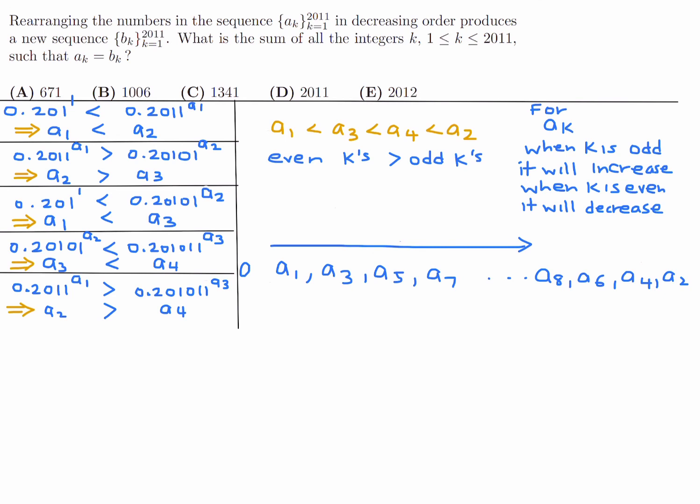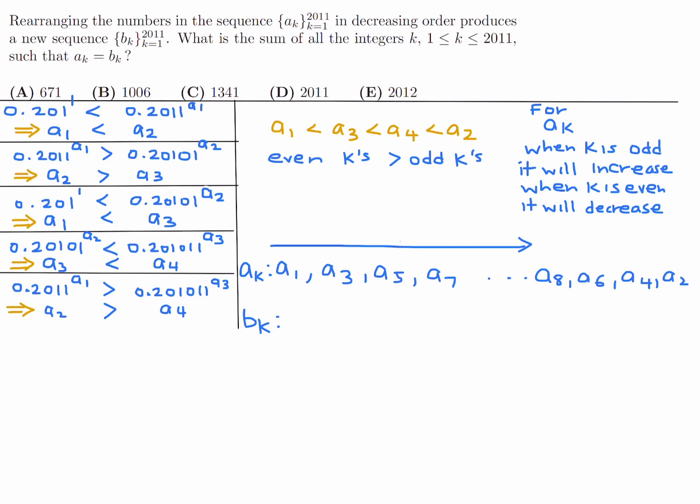Now, the B's, these are the A's, right? These are all the AKs. Now, the way they're doing the B's is that they just reverse the order. So they take these guys and they just reverse them.